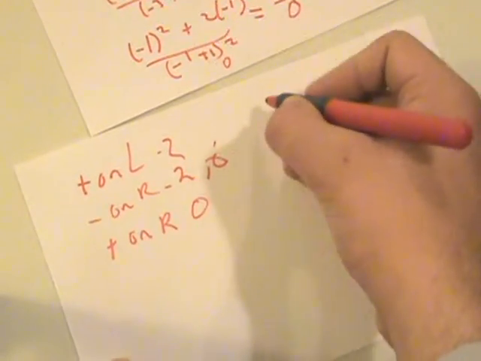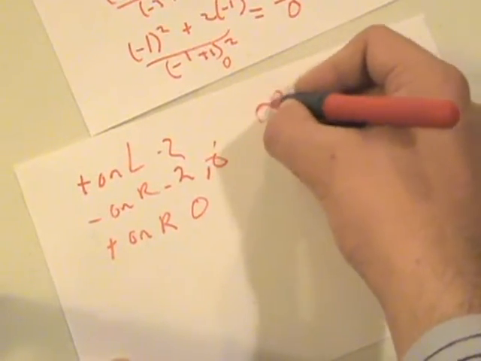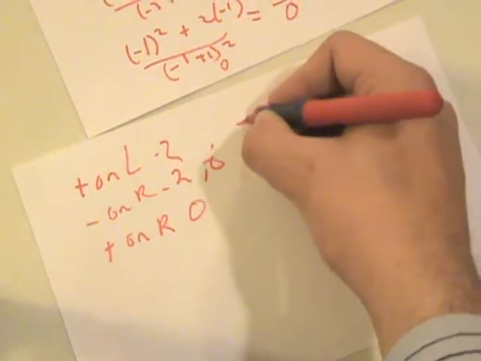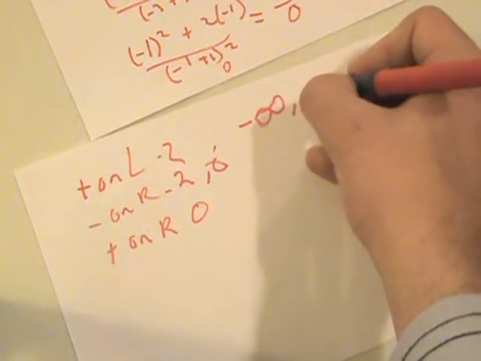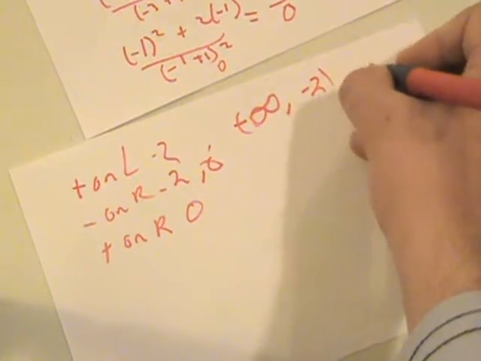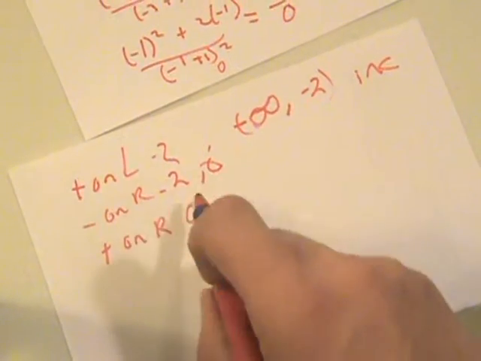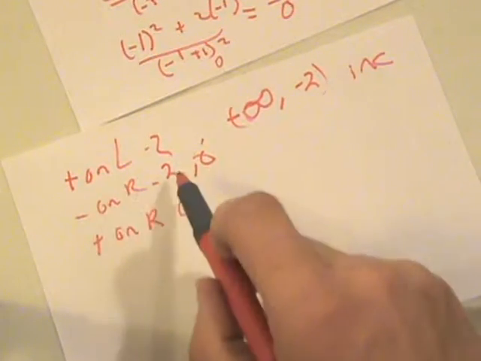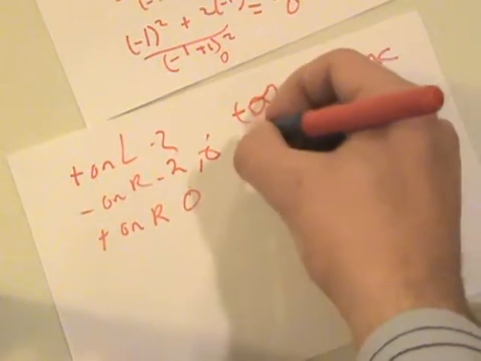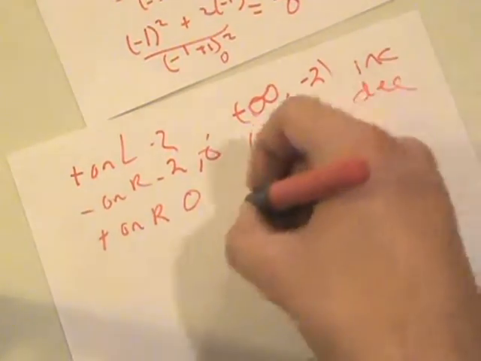So we can determine that from negative infinity to -2, it is increasing. But then it's negative in the middle. So from -2 to 0, it's decreasing.